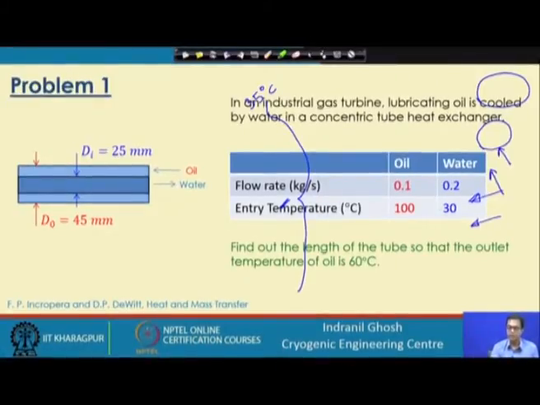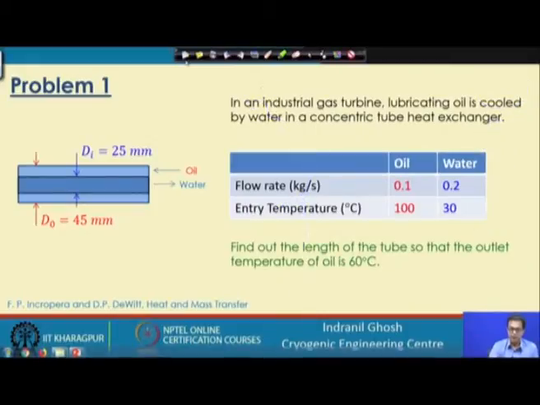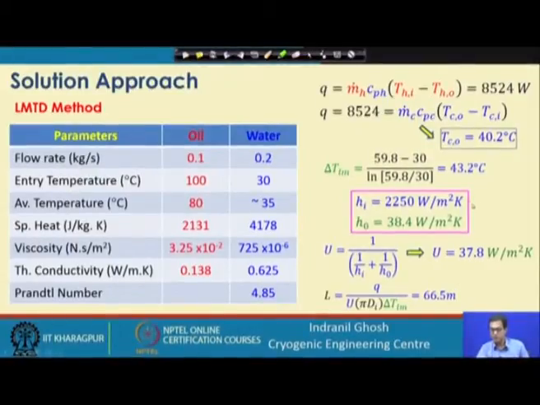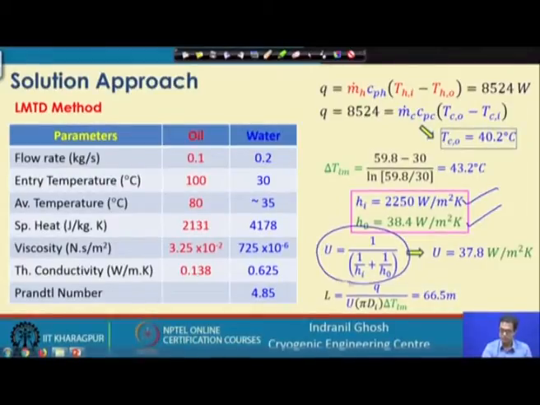So, the only unknown parameter was the length of the tube, and since the internal and the outside diameter were known to us, we have been able to find out the heat transfer coefficients, both internal and external, because the diameter of the tubes were known to us, and based on that we have been able to find out the overall heat transfer coefficient.